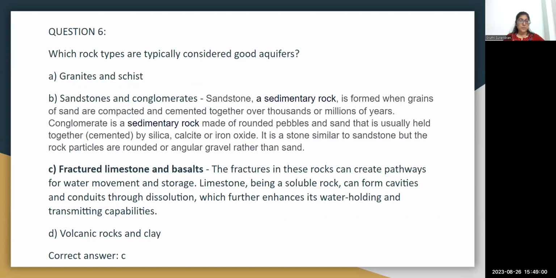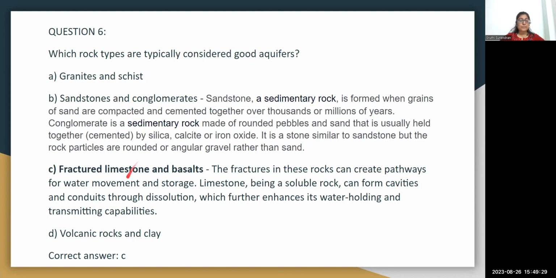So we know options A and D are not possible materials for good aquifers, because granite is an igneous rock, volcanic rocks also come under igneous rocks, and clay is an impermeable substance, so it does not form an aquifer. But there is another option, sandstone and conglomerates, which is a sedimentary rock and also forms good aquifers. But the option is C, fractured limestone and basalts.